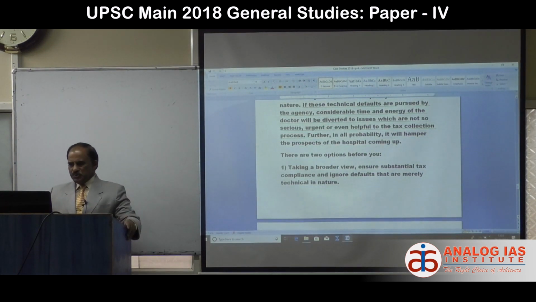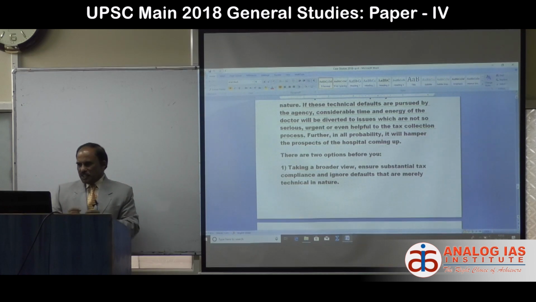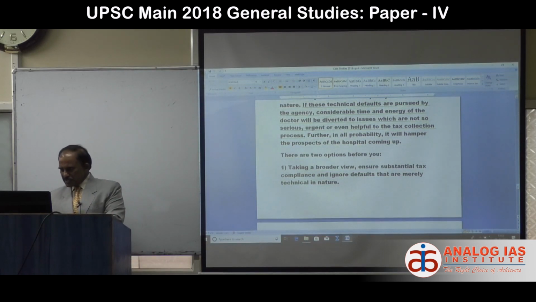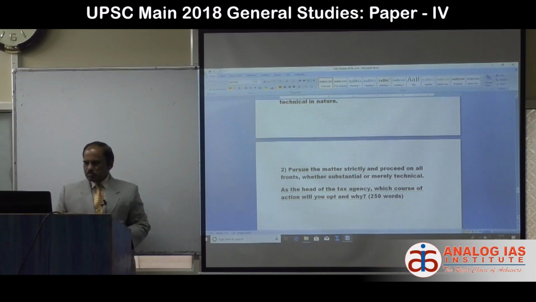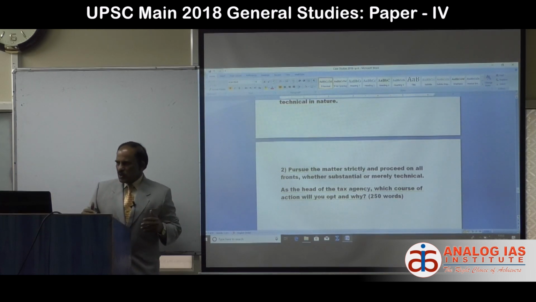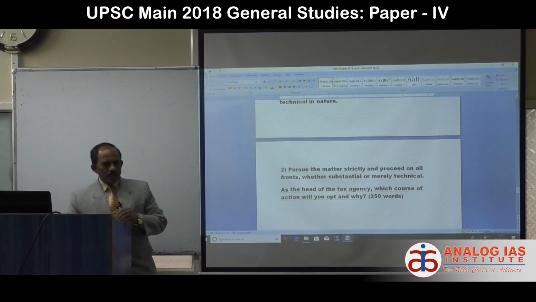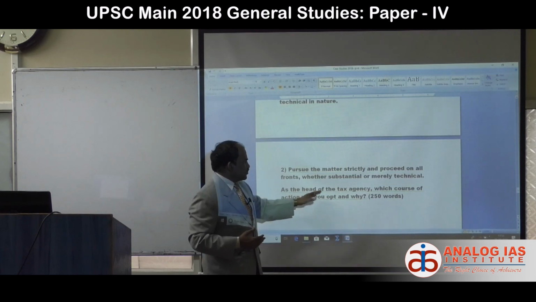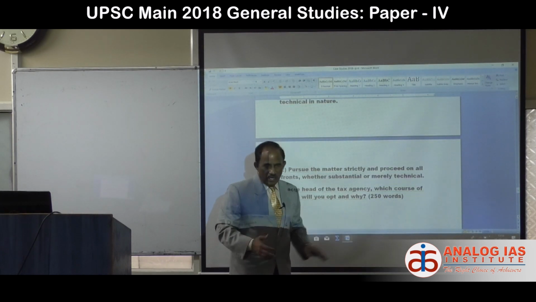Number one, taking a broader view, ensure substantial tax compliance, and ignore defaults that are merely technical in nature. Number two, pursue the matter strictly and proceed on all fronts, whether substantial or merely technical. Like a typical bureaucrat, as the head of the tax agency, which course of action will you opt for and why?